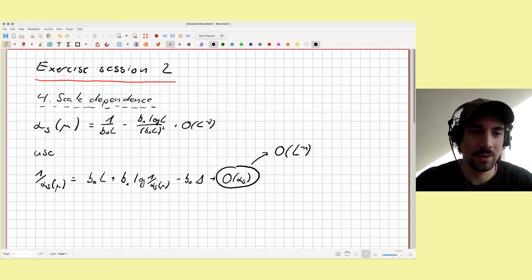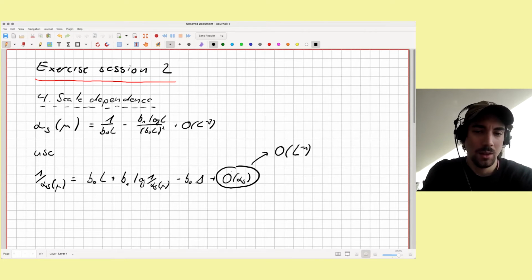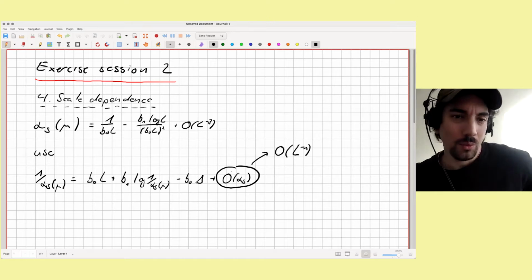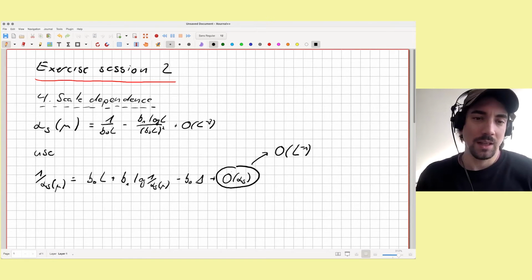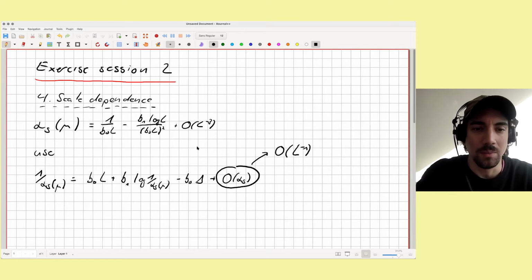So I already did this first exercise in my exercise group yesterday, but Florian didn't get to that, so I'll repeat it here again. We're now talking about the scale dependence again, and the aim of this exercise is to show this formula here using what Marcus had derived in the lecture.